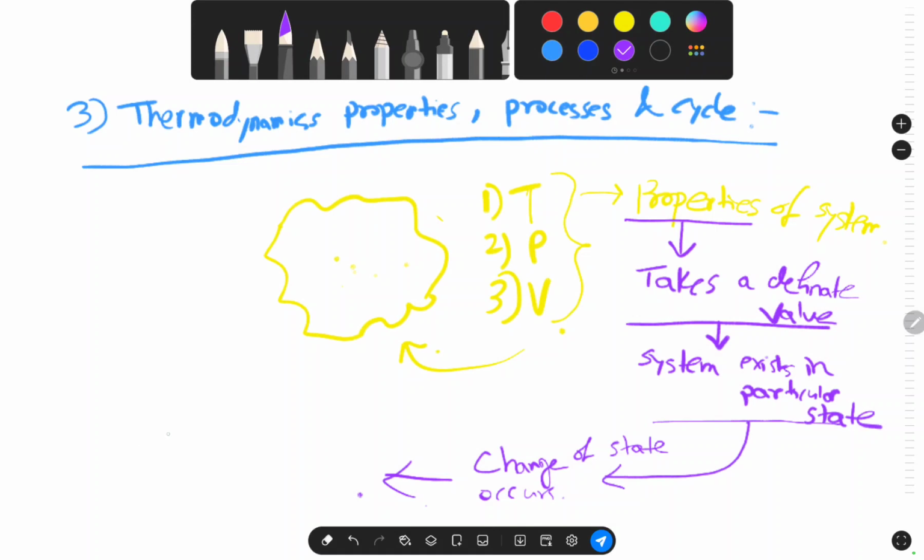If the succession of changes of state is joined by, or described by, a process, that may be a constant pressure process, a constant volume process, or an isothermal process.